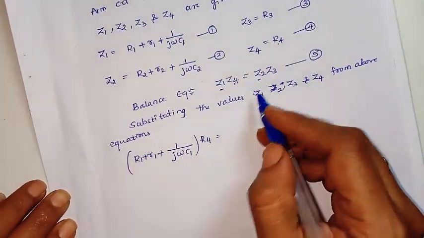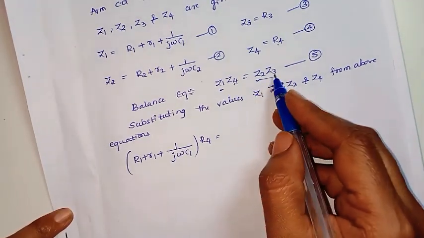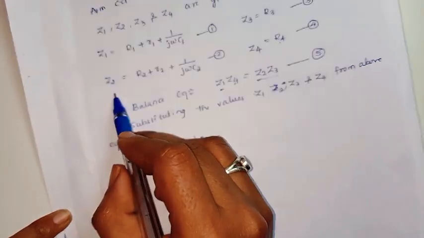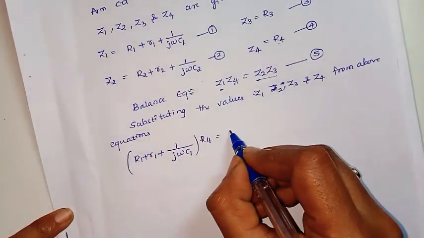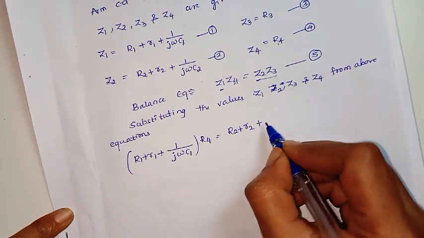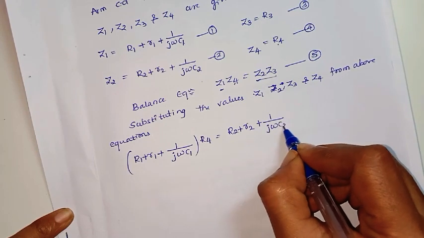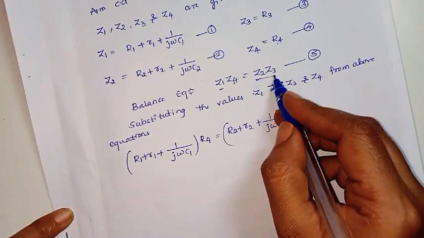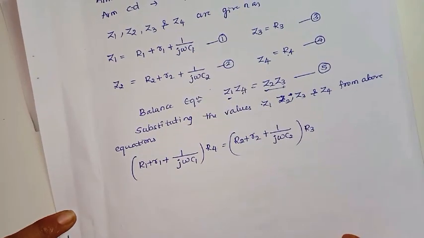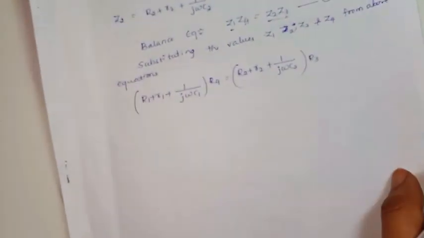Then on the right hand side, Z2 into Z3 is there. So what is the value of Z2? Z2 is R2 plus r2 plus 1 by j omega C2. Then Z3 is equal to R3. Now let's simplify this.